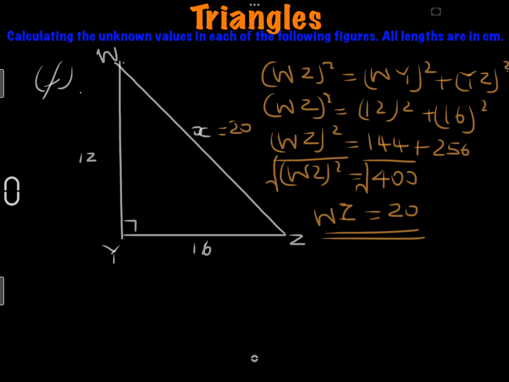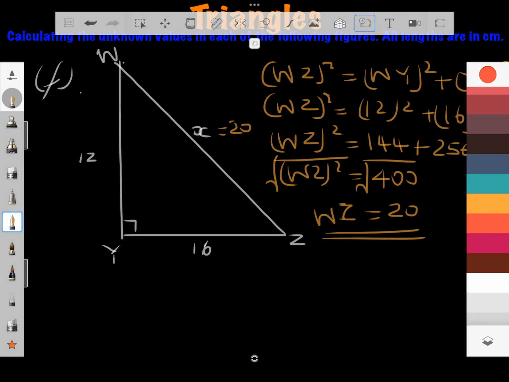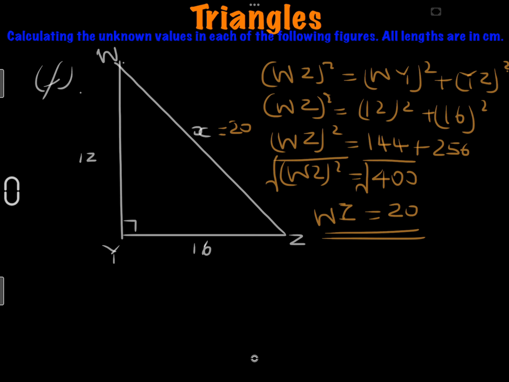Now we could have also used our Pythagoras theorem by having this side x as the subject of the formula. Here this side we can simply call y, since it's our y-axis, and our hypotenuse will be replaced by x in this case.